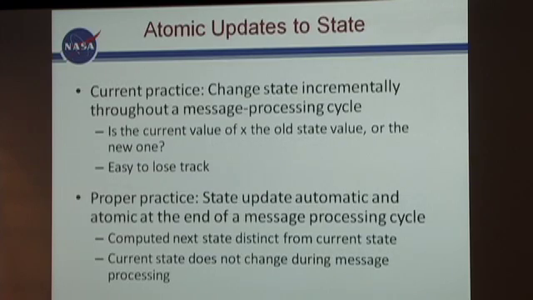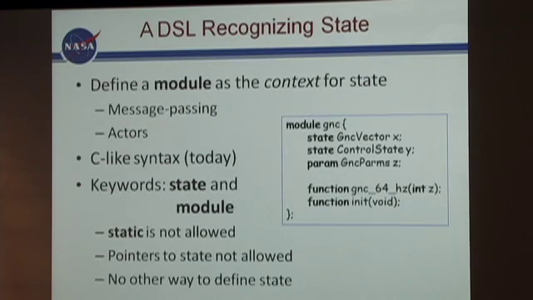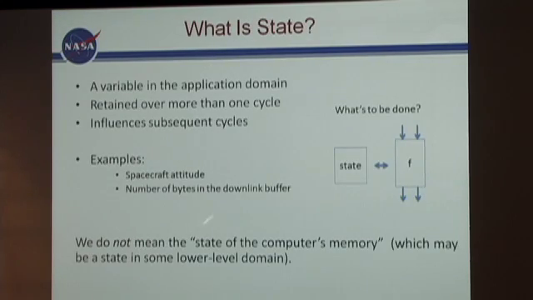When it completes its running, I'll go back to my picture here. When it completes its running, the result that comes out for the new state goes back into our storage that's detached from the function. So we've separated state from function. We have these two worlds.